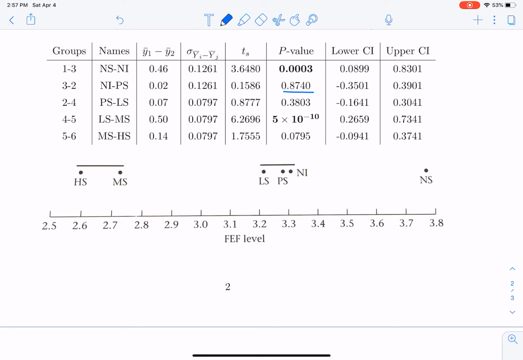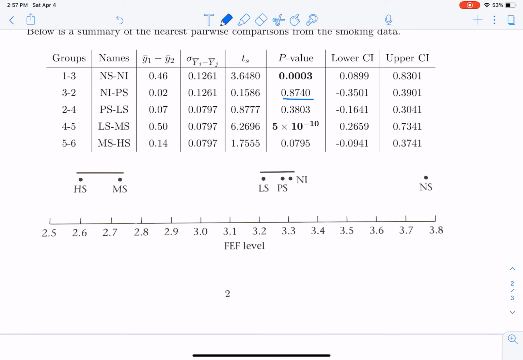Between the passive smoking group and the low smoking group, that's got a p-value of 0.38, and so that's not statistically different. But there is a statistically significant difference between the low smoking group and the moderate smoking group. That has a p-value of 5 times 10 to the minus 10.